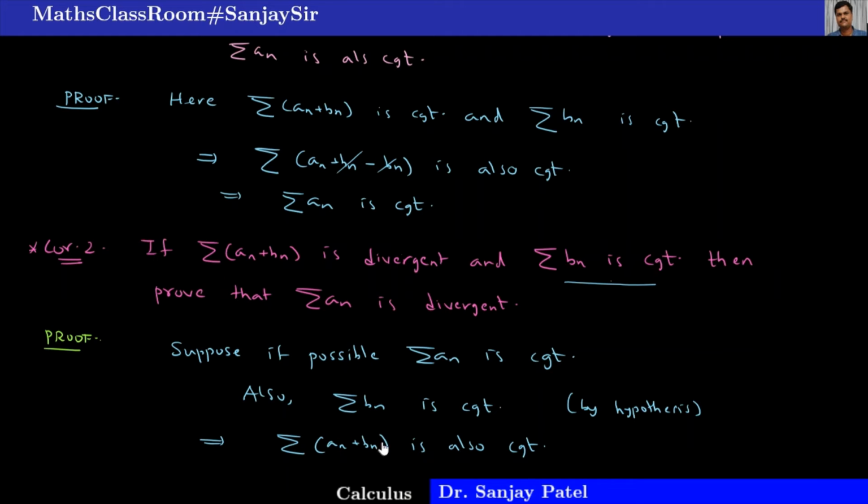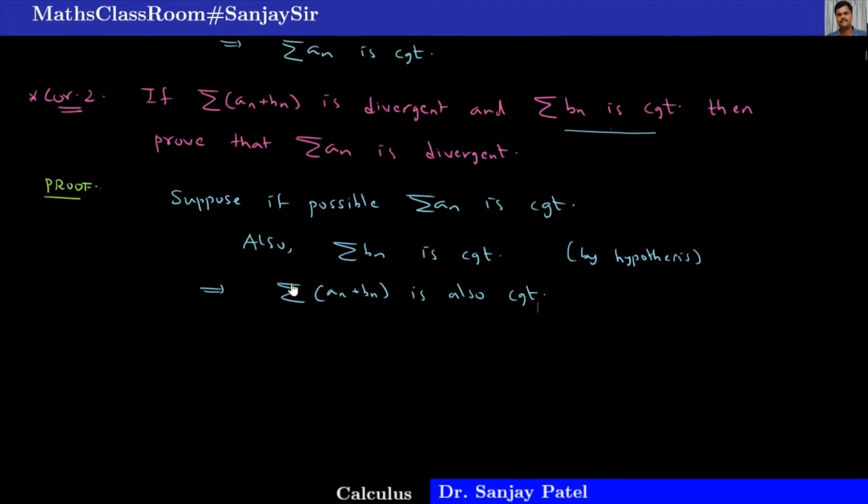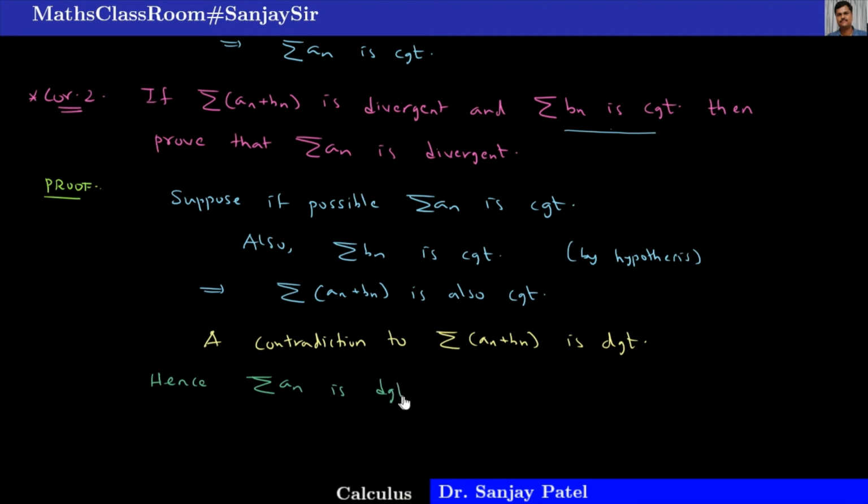But this is a contradiction to the given hypothesis that sigma an plus bn is divergent. So therefore our supposition is wrong. Hence we can say that sigma an is not convergent, means it is divergent.